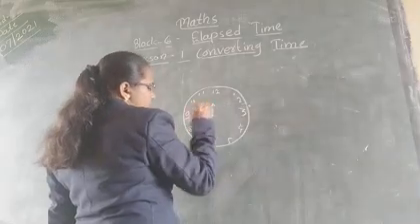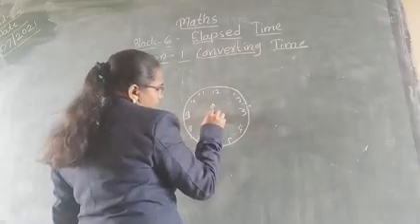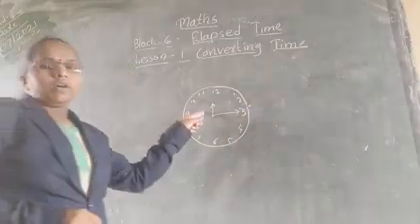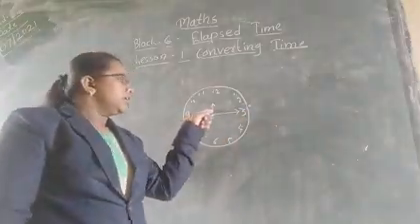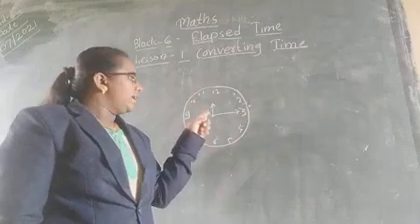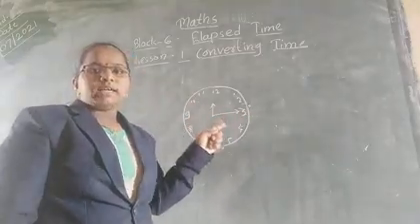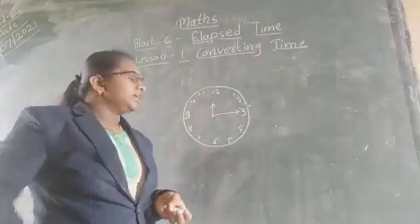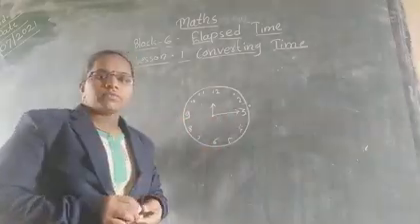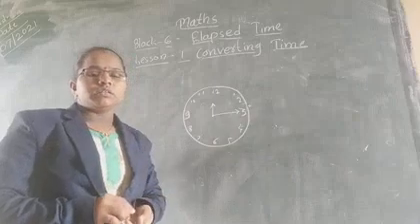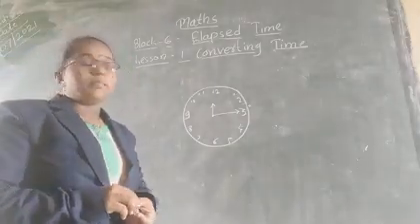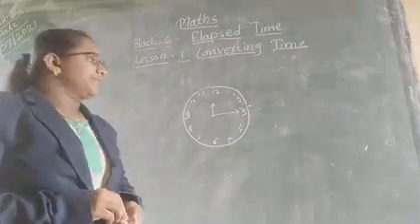First is the hour hand and second is the minute hand. The short hand is always called the hour hand, and the long hand is always called the minute hand. In this way we study measuring time, but today we will learn about elapsed time.